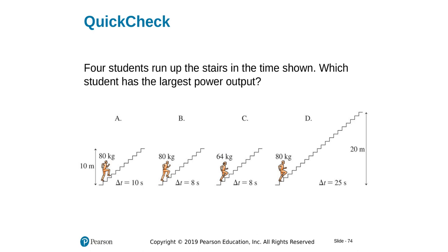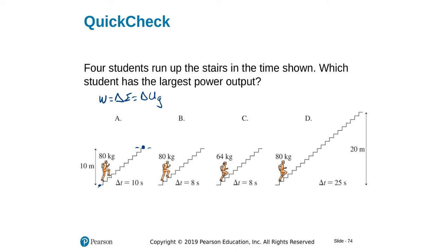Over here in this question we're asked to compare the powers of these people who go upstairs in different times, and what we will do is they will do a work, and that work done is equal to change in energy, which is a change in potential energy. In this case they climb up to a height, so over here they will have a potential energy, down here they don't have any.